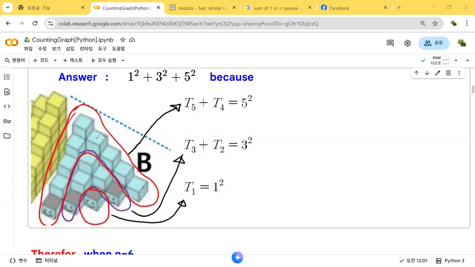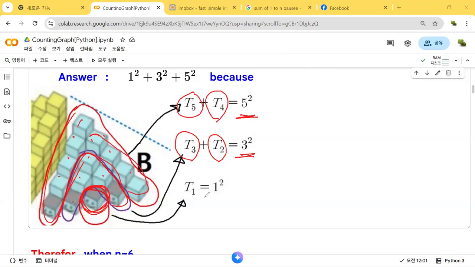The outer part can be counted as 1, 2, 3, 4, 5, T5, and this one is 1, 2, 3, 4, T4. That is 5 squared. And the middle one, 1, 2, 3, T3, and 1, 2, T3, and the 3 squares. Finally, just one is left, and that is 1 squared.